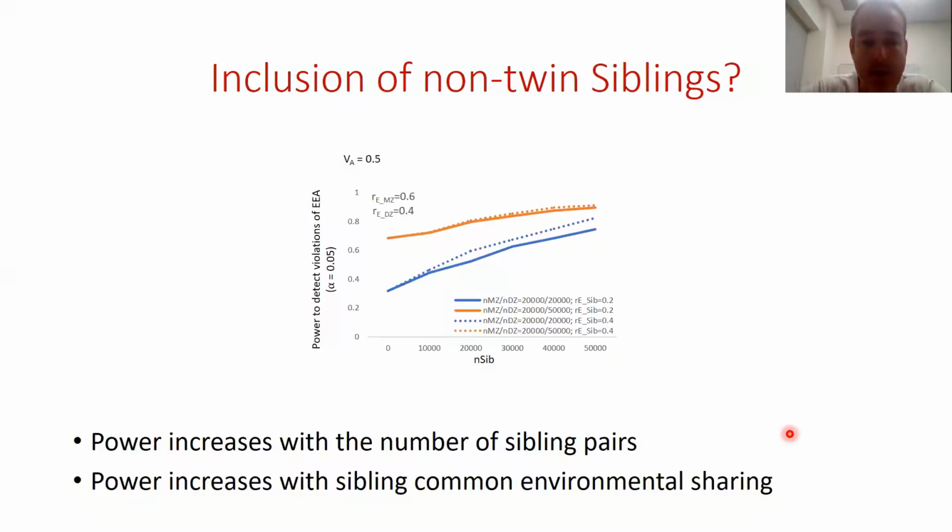But of course, you have to take into account the possibility that there might be gene by age effects and things like that. The inclusion of non-twin siblings might be very useful for some traits like height, if you're looking at height in adults or something like that. But it may be more problematic if you are looking at traits that vary across the lifespan.